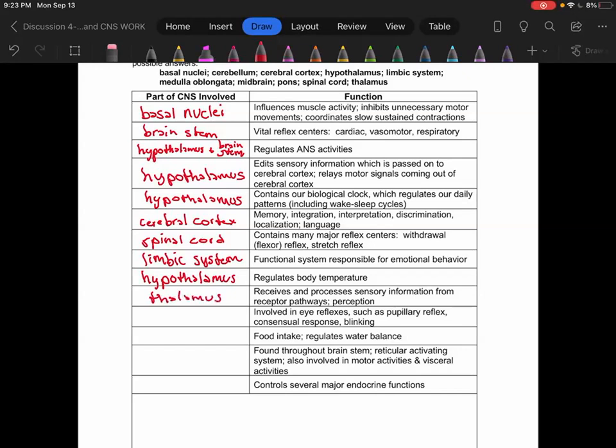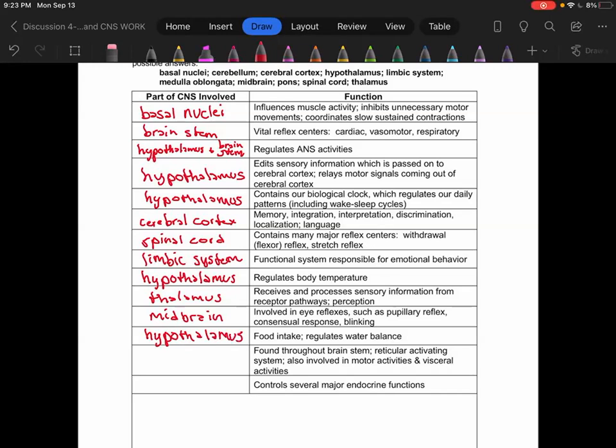Detecting information from those four senses. Eye reflexes, pupillary reflex, blinking, things like that, that's going to be coming from our midbrain, and we did not put that on up there, but our midbrain does visual type things. Food intake, regulating water balance, that's going to be the hypothalamus, not hyper. Another homeostatic function.